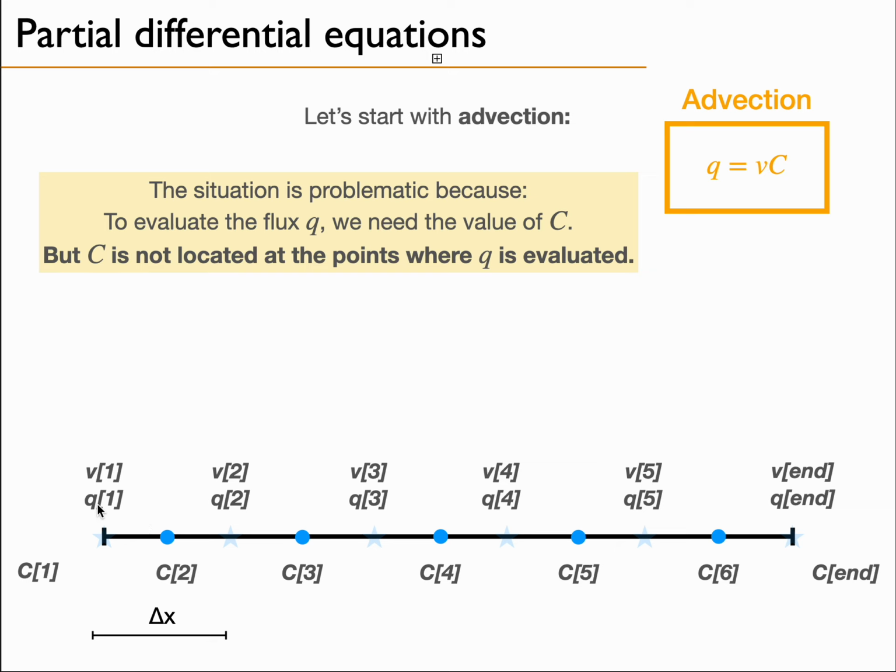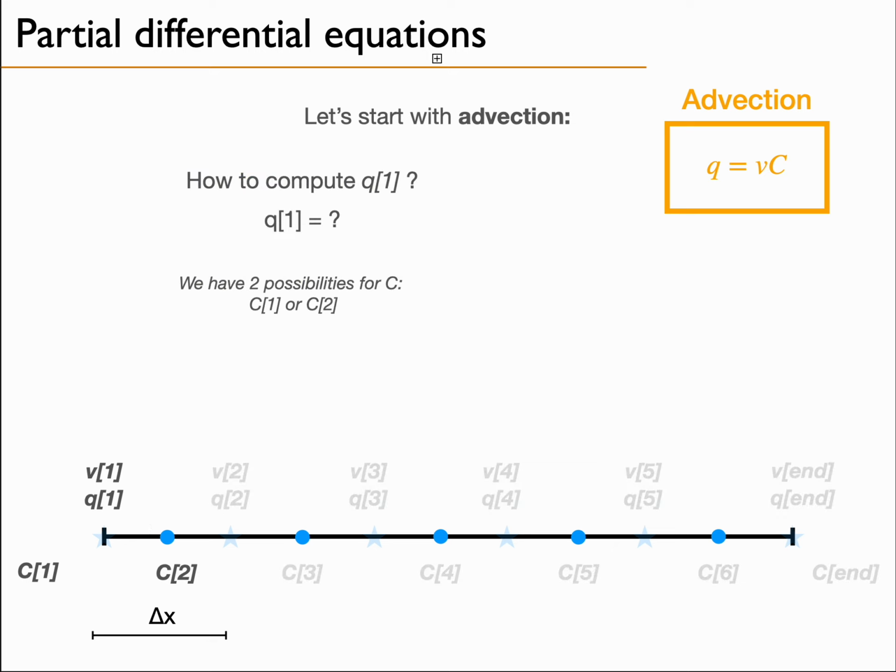So how can we deal with that? How to compute q1, for example? Let's try to compute q1 with velocity v1. We have two possibilities to construct q1 equal v1 times what? c1 or c2? We have two different values of c neighboring the node q.